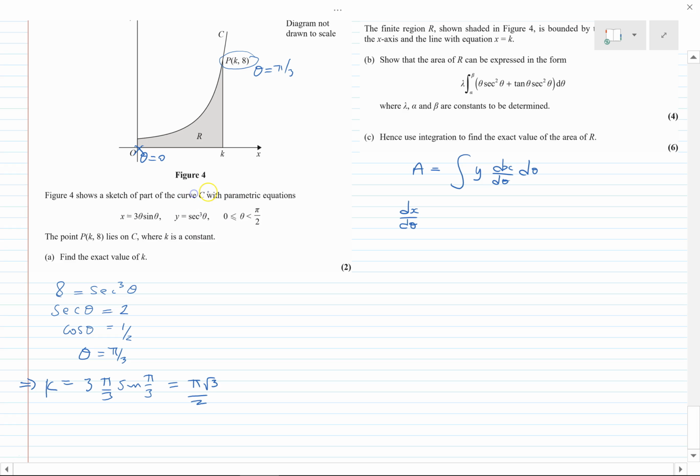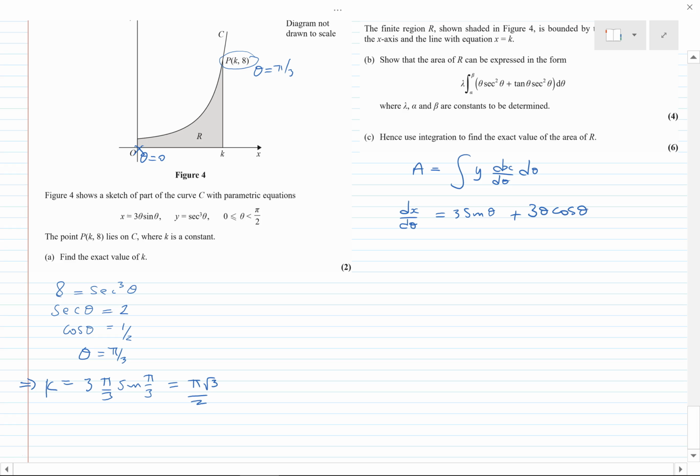Let's differentiate the 3 theta, we get 3 times the sine theta, and then differentiate the sine theta, which is cos theta, times the 3 theta.